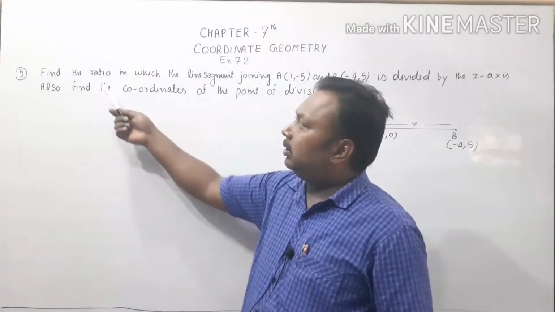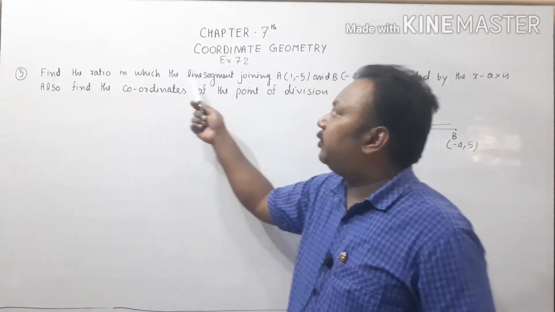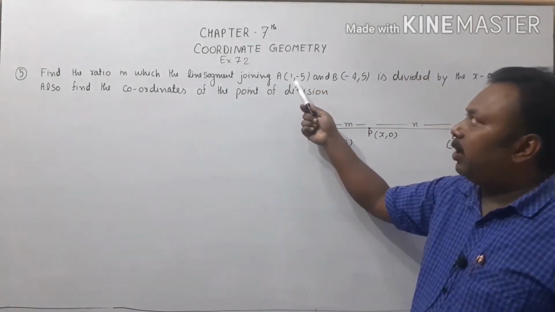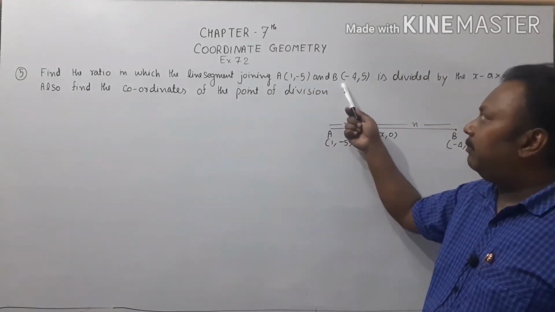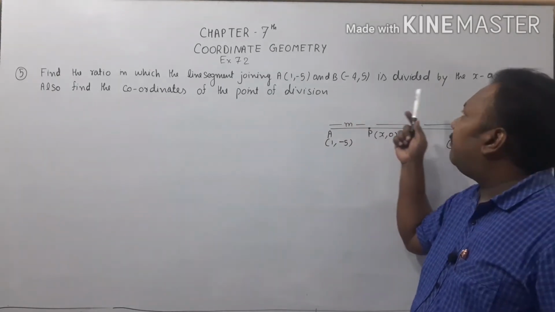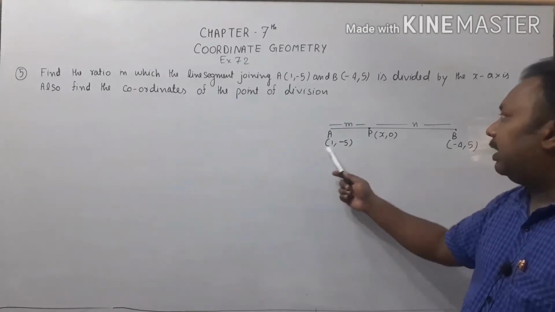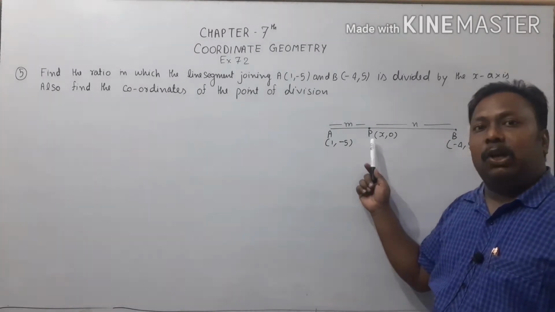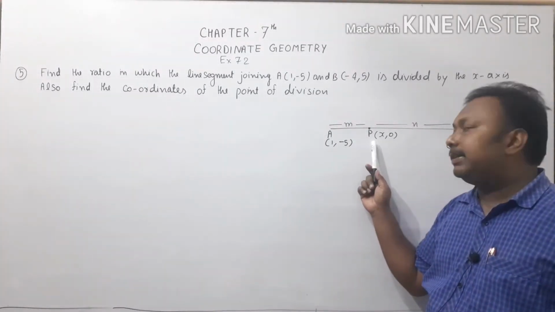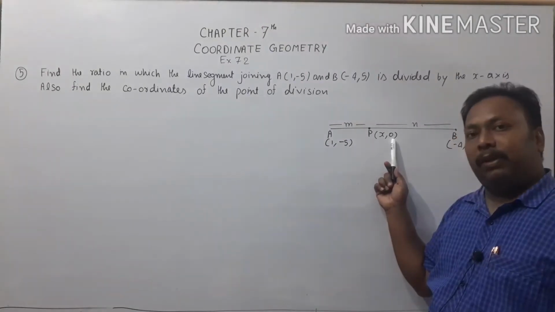In this question, we find the ratio in which the line segment joining A (1, -5) and B (-4, 5) is divided by the x-axis. Now this line is divided by the x-axis, so any point on the x-axis is in the form of (x, 0).